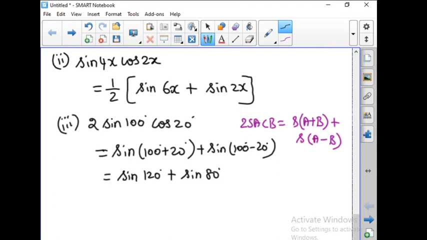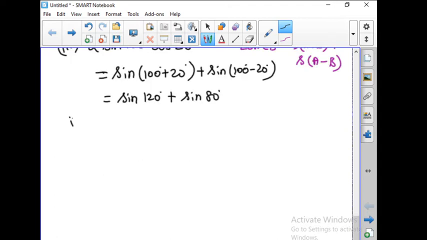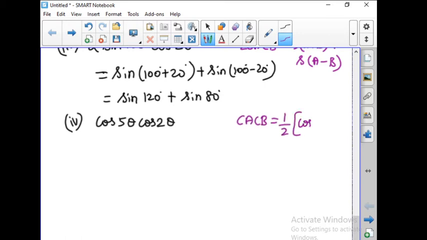So let us write down the next question. Fourth subdivision. It is given as cos 5 theta cos 2 theta. So what formula are we going to apply here? Cos A cos B. Cos A cos B is 1 by 2 of cos of A plus B plus cos of A minus B. Very easy. If you know the formula you can easily write down the answer.